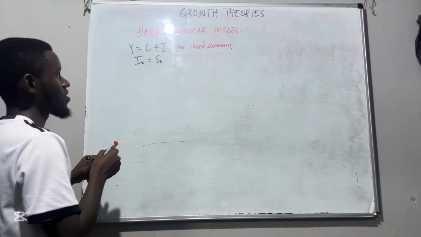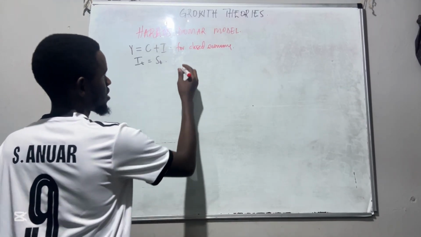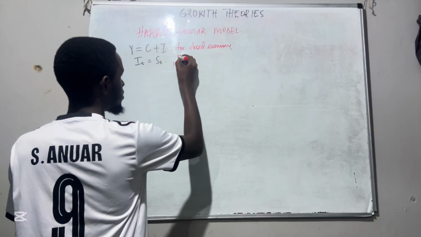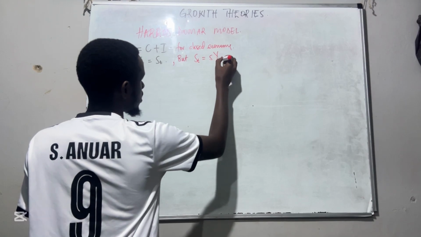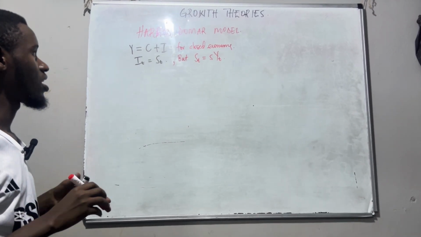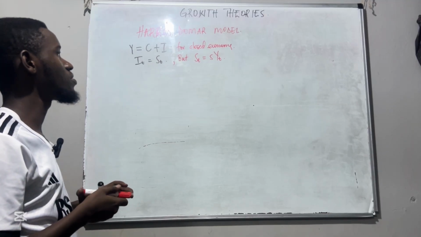The third assumption I had here is that there is constant saving, where the saving rate is a constant proportion of output. Now these equations are going to help us derive our HD model.